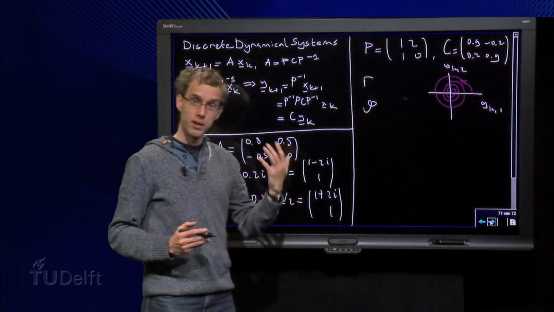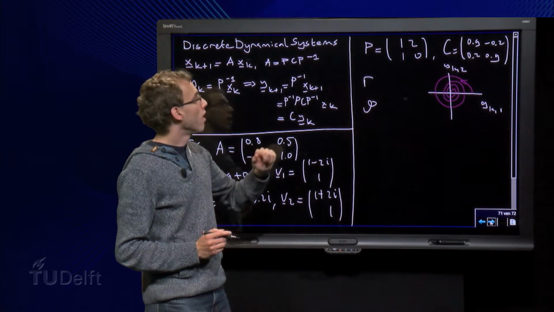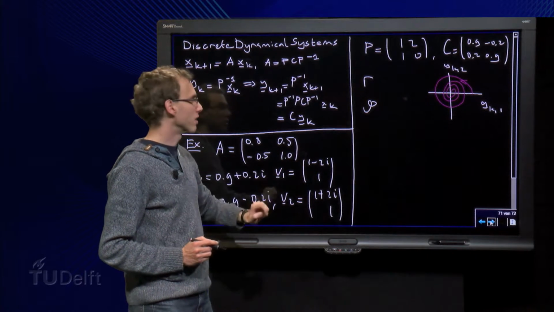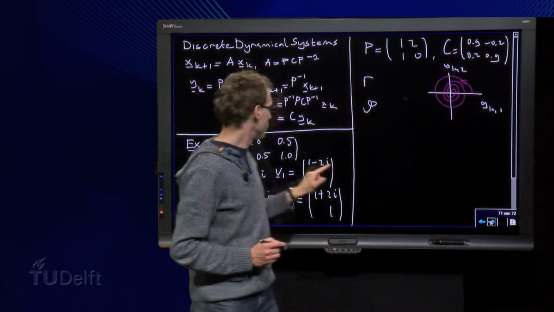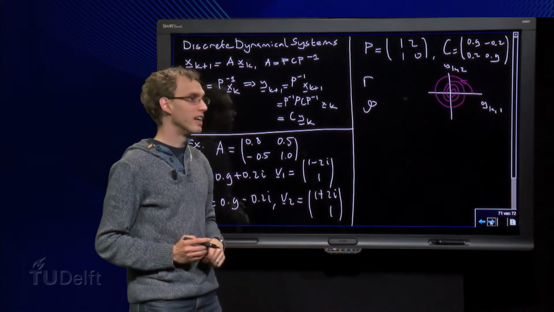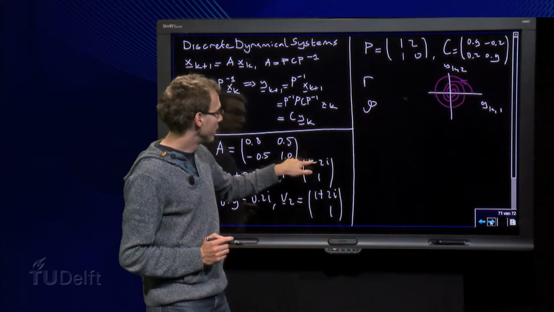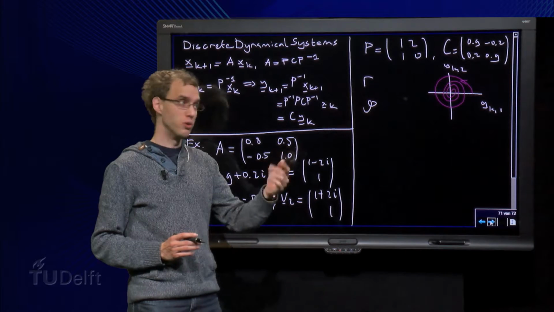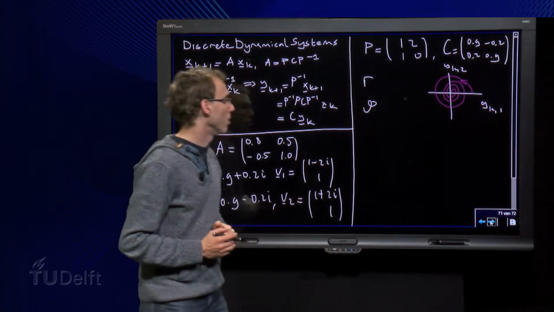That yields our C matrix. For our P matrix, we need to take the real part of the eigenvector in the first column, so (1, 1), and minus the imaginary part as a second column. The imaginary part equals (minus 2, 0), so minus the imaginary part equals (2, 0) as a second column.